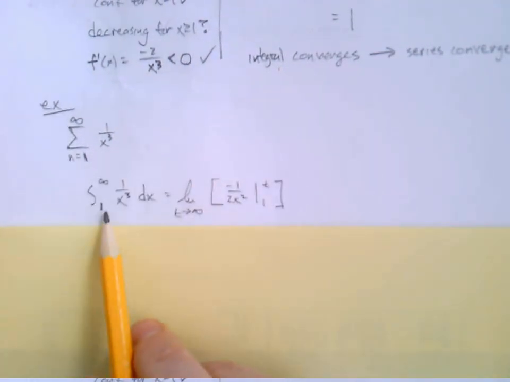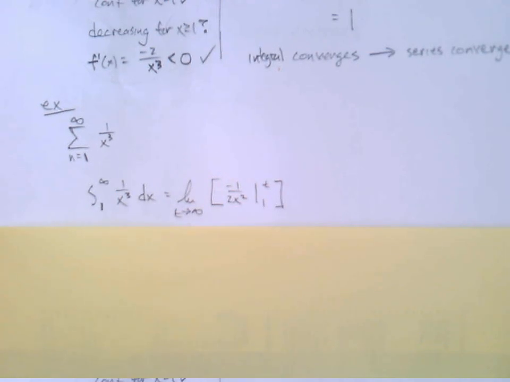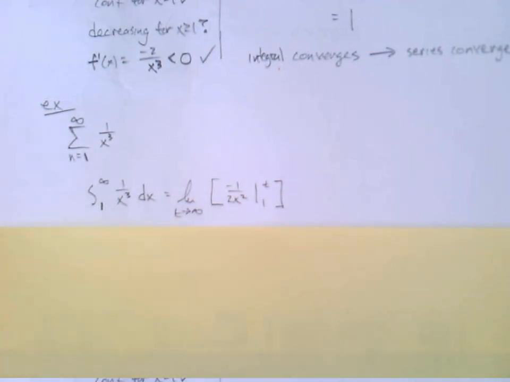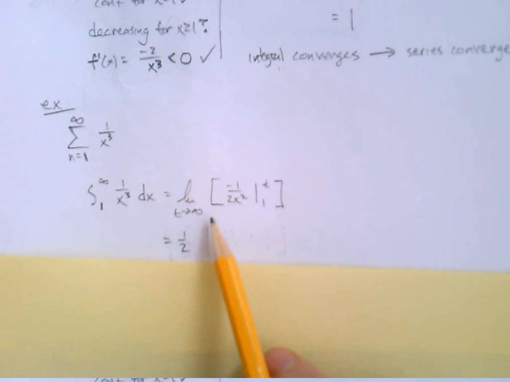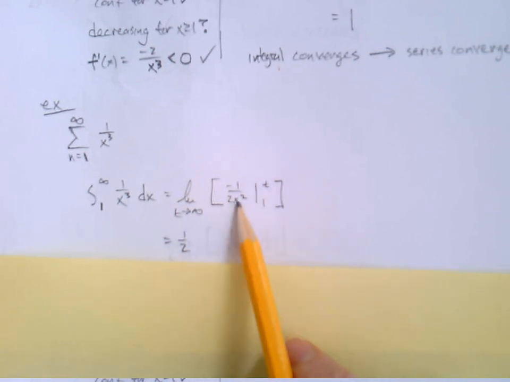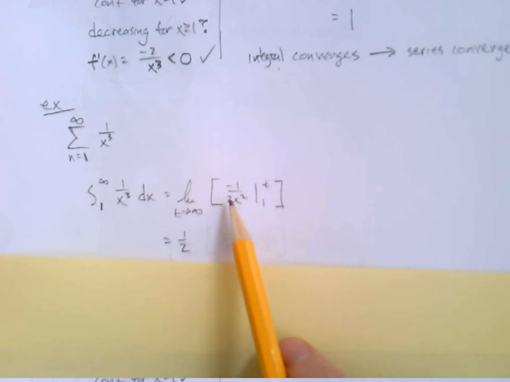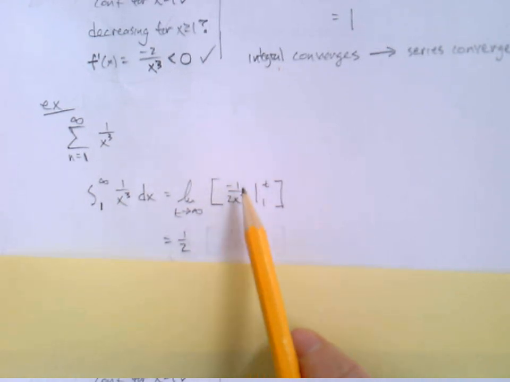We're going to take the integral from 1 to infinity, 1 over x to the third. That antiderivative would have been negative 1 over 2x squared from 1 to t. And as we take that limit, as we plug the t's in, I'm really skipping steps here, negative 1 over 2t squared, as t goes to infinity, will be 0.